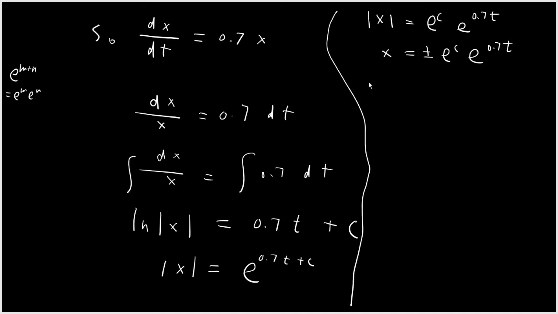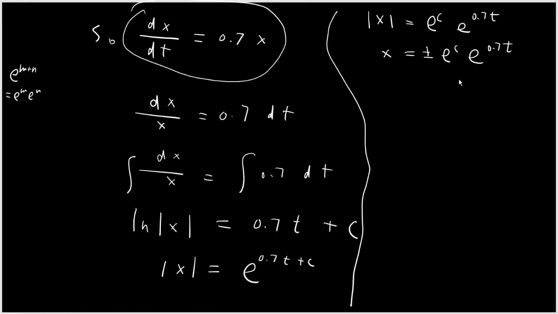Again, we are trying to find the general solution to the equation, the circled equation. Now, listen carefully. C is an arbitrary constant, so e to the power of c is an arbitrary positive number, and the plus or minus represents any non-zero number. But the constant function x equal to 0 is also a solution to the equation.